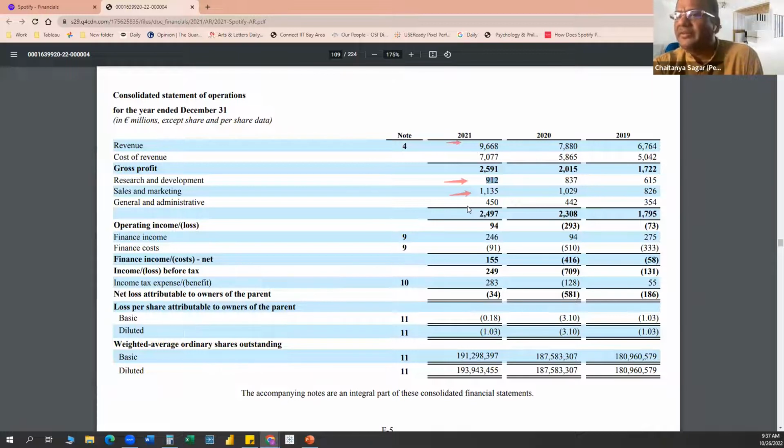General and administrative expenses, which is the rest of the teams, will be in the general and administrative expenses. So if you look at this one, the operating income is 94. How much is that? 1%. Can you believe it? Right? 1%. They actually made losses the last 2 years as well.